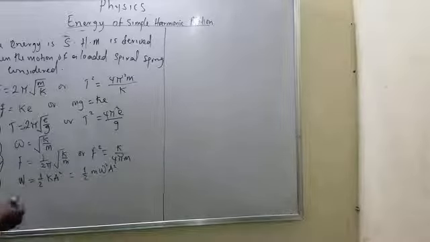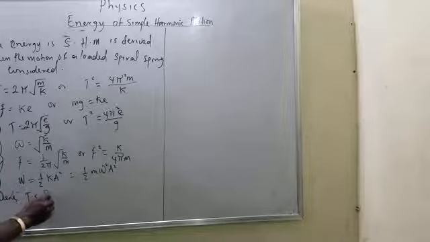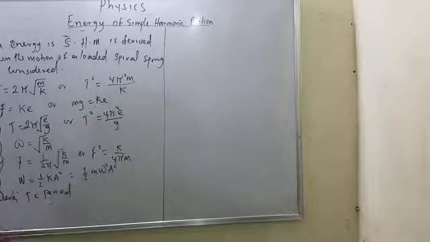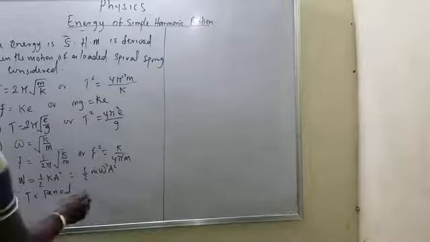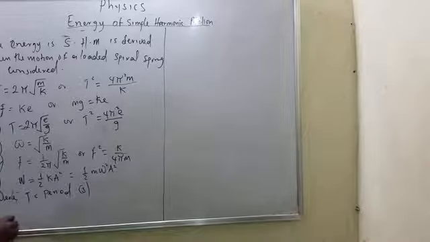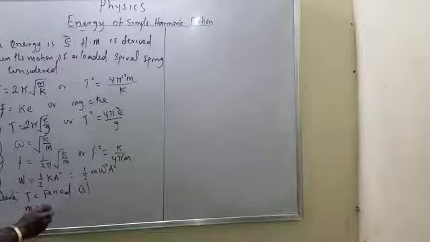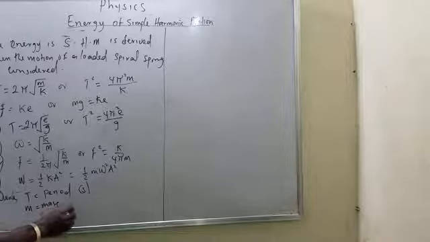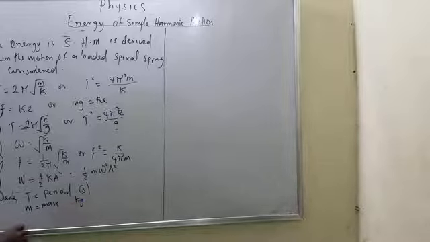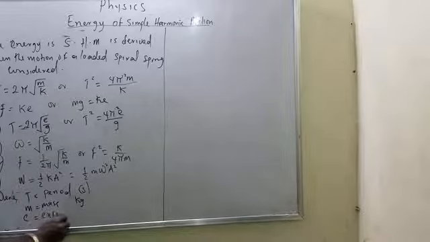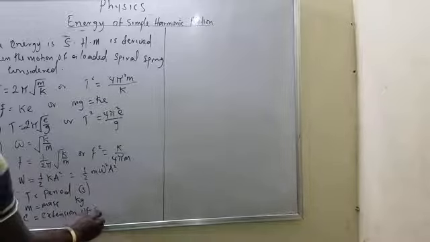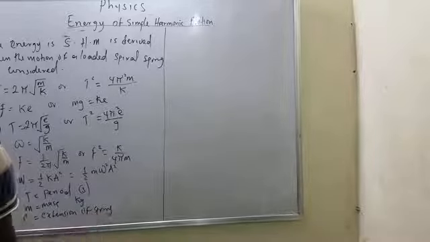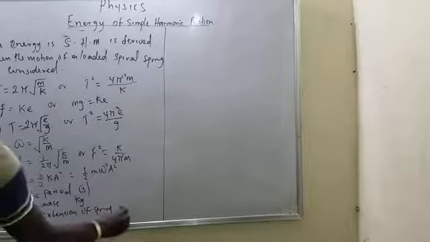And don't forget that my T is period. We have been on that, which is always in seconds. My m is also known as mass, which is always in kilogram. My e is called extension, which is the extension of the spring, always in meter.